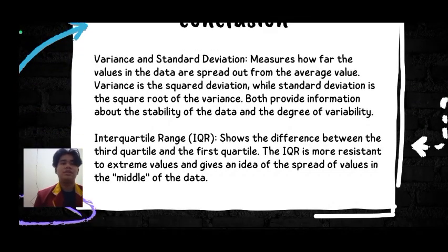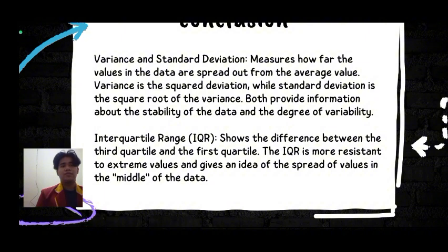And then variance and standard deviation measure how far the values in the data are spread out from the average value. Variance is the squared deviation, while standard deviation is the square root of the variance.